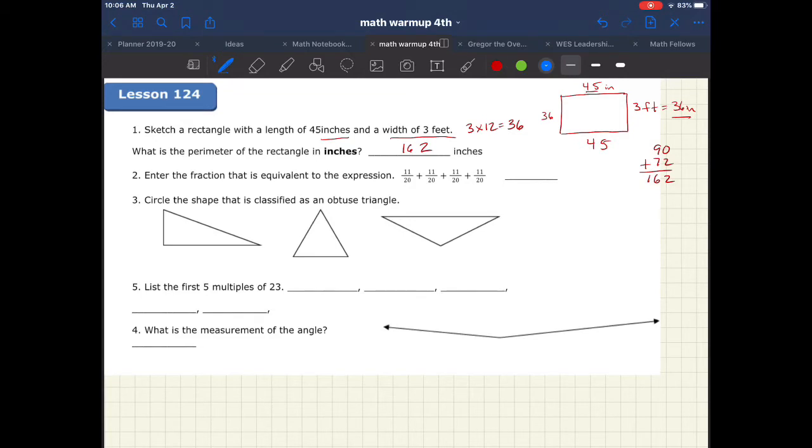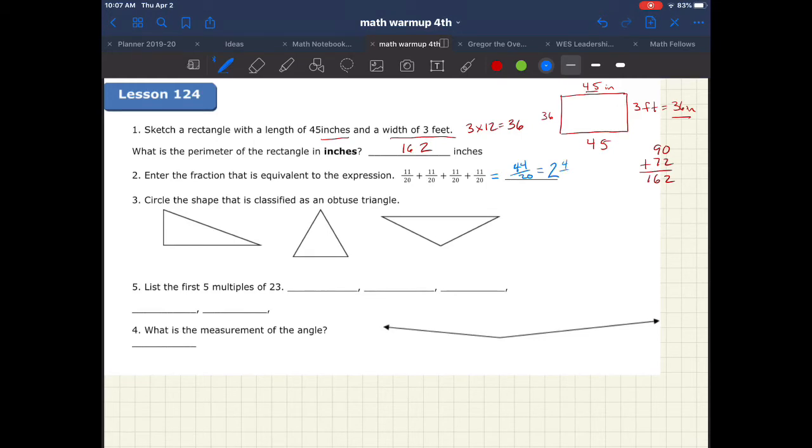Number 2, the fraction that is equivalent to the expression. Expression just means it's a math sentence without an equal sign, and equivalent means equal, so we are essentially just going to add the equal sign. What is this all equal to? It looks like 4/11 is 44/20. If you want to go further, you could say, well, 20 goes into 44 twice, because 2 20s makes 40.